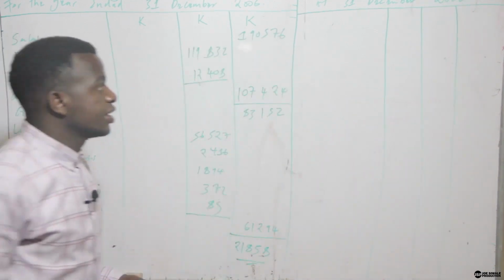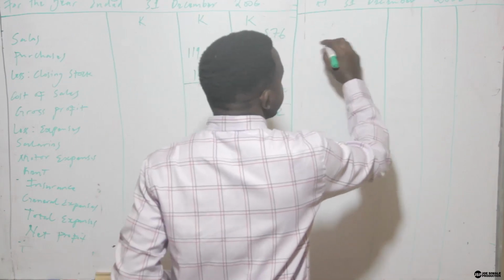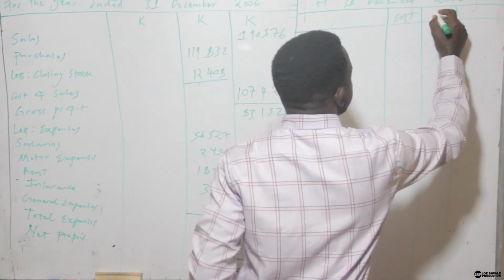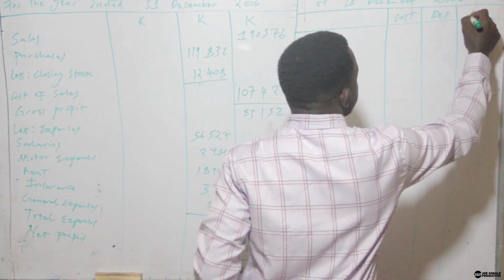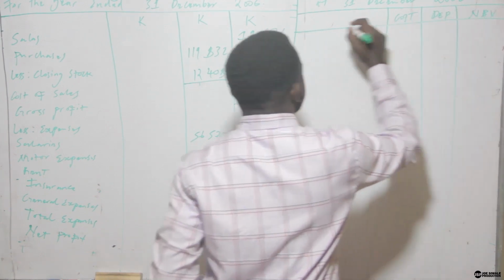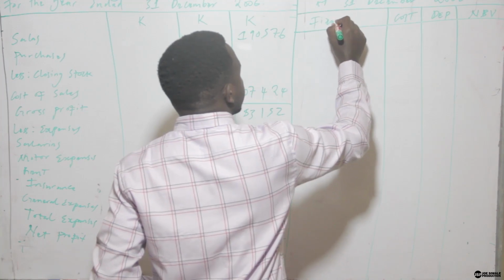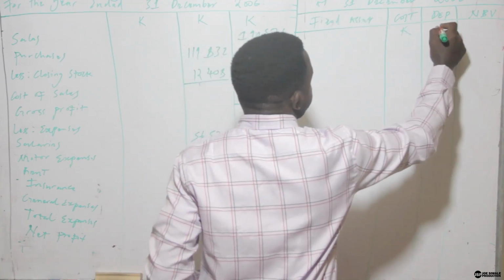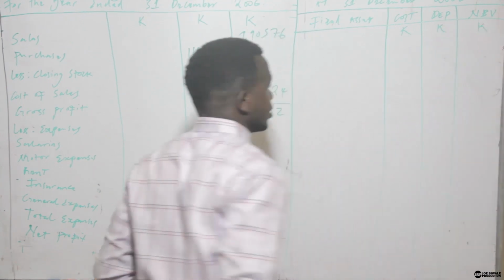So that's going to be the title. And we can say cost, depreciation, net book value. Here we're going to have fixed assets, and we can put the initials for currency.